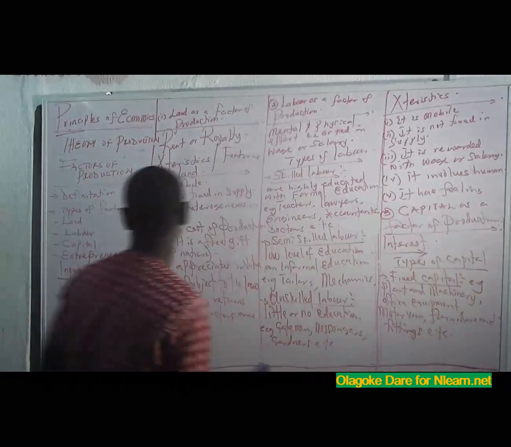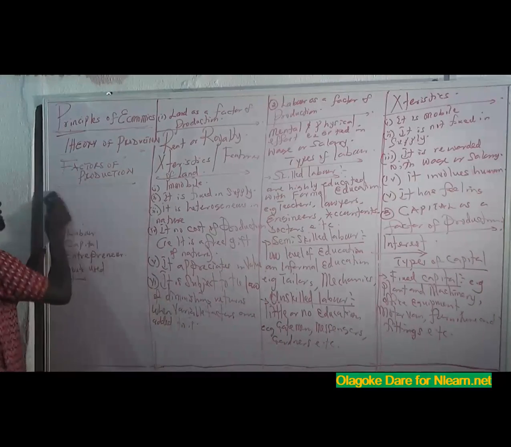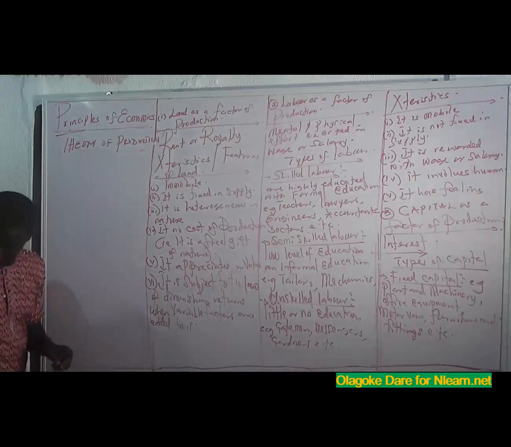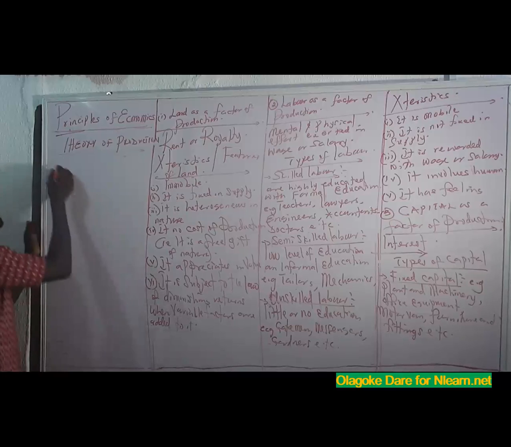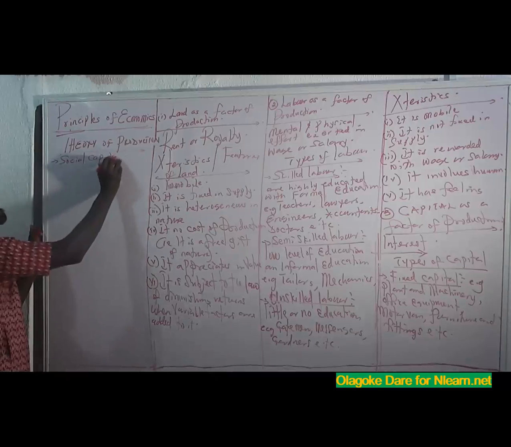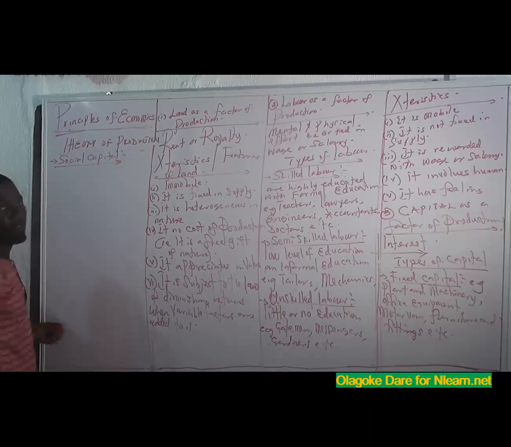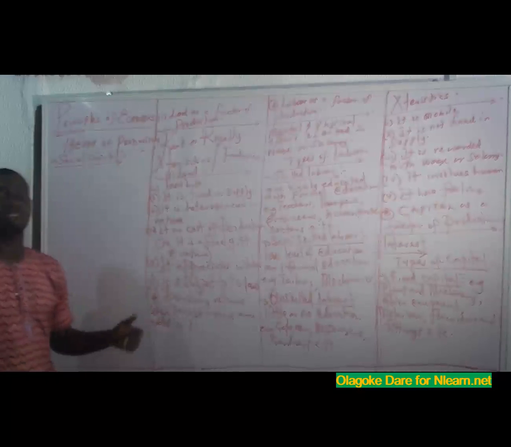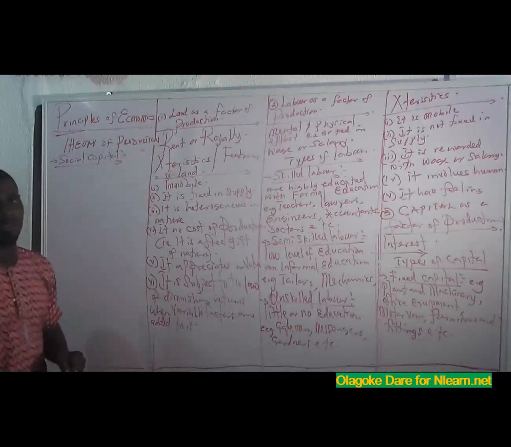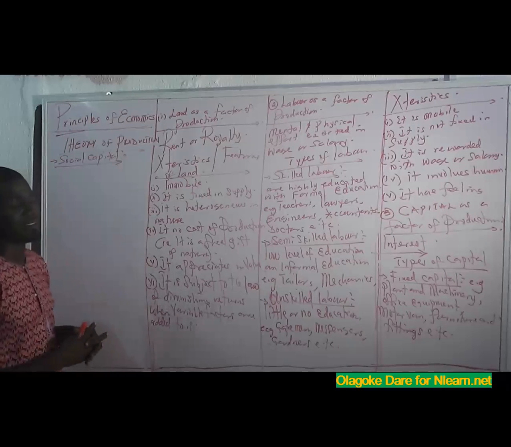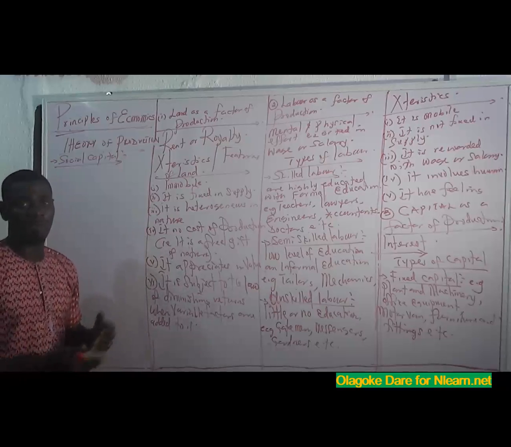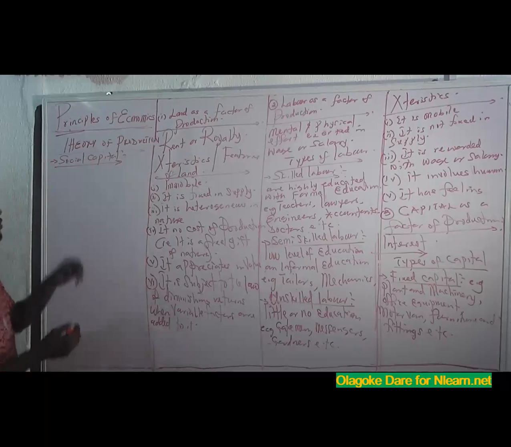Let's look at the other aspects. The next is social capital. Social capital consists of infrastructural facilities provided by the government to aid the production process. So all infrastructural facilities, or what you know as basic amenities provided by government to aid the production process, are your social capital.